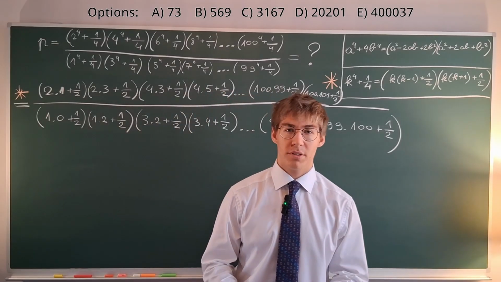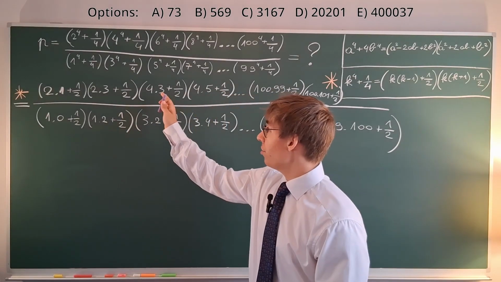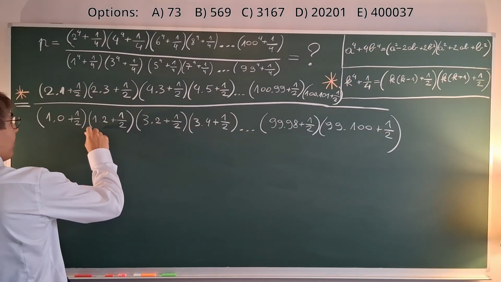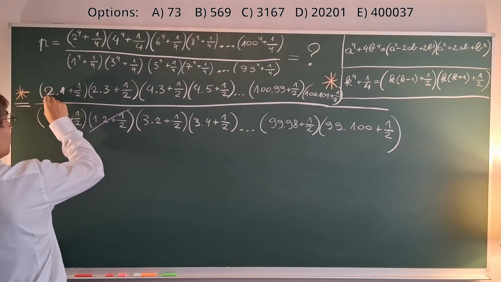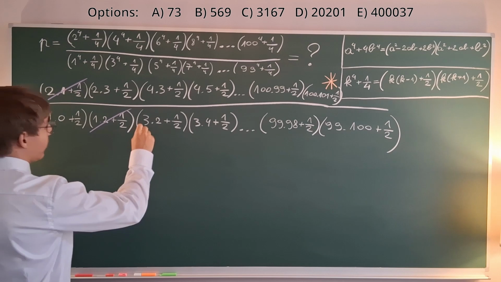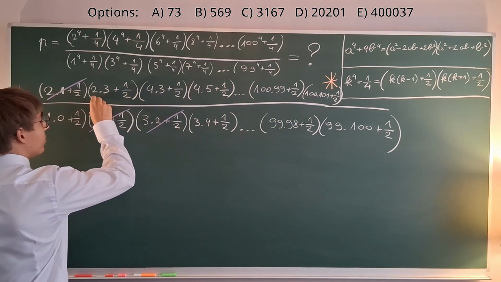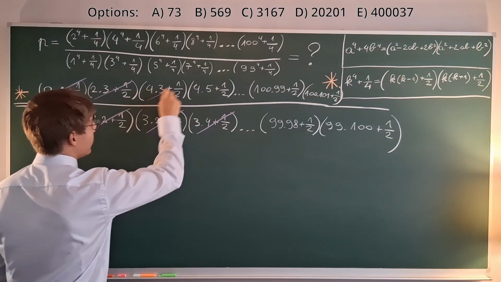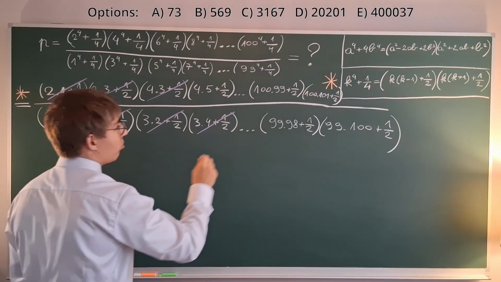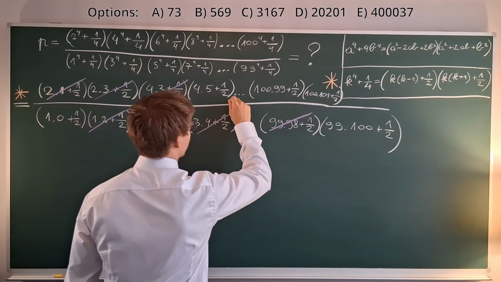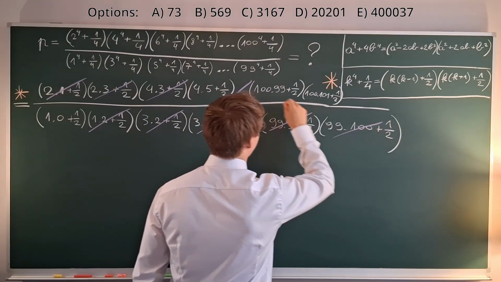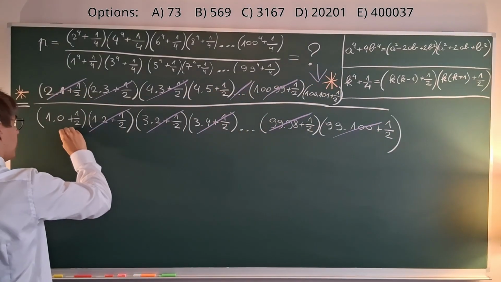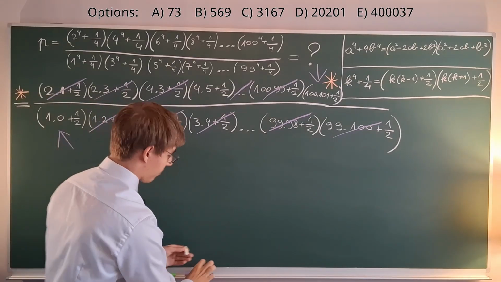But now notice what happened. A lot of factors appear in the numerator and in the denominator. So this factor cancels out with this factor. And this factor cancels with this one. And this pattern will keep repeating until the only thing that's left is this factor and this factor.